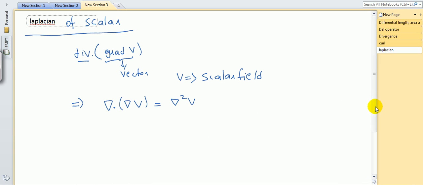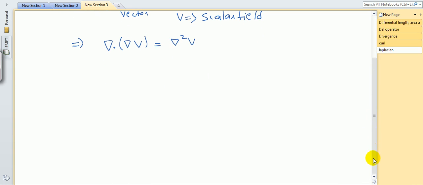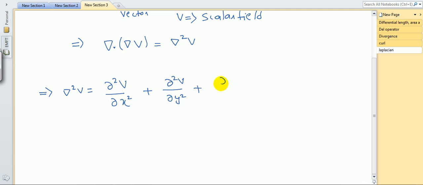So I will write the del square V formula, that is the Laplacian formula for rectangular coordinates. For rectangular coordinates, del square V will be del 2V by del x square plus del 2V by del y square plus del 2V by del z square. This is in rectangular coordinates.